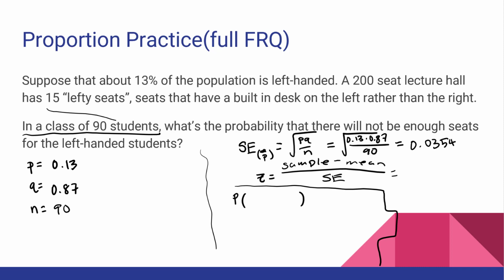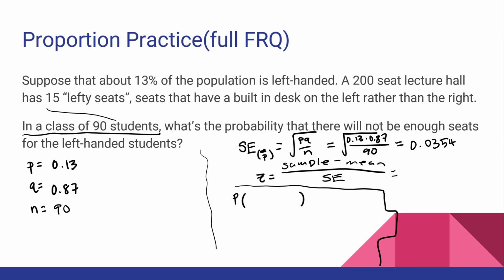This is the number that we're going to be comparing to the 0.13 of the population that is left-handed. So our sample should be the proportion of people in the class that are left-handed. What we're trying to find here is the tipping point when there's too many students for the lefty seats. So that means when all 15 lefty seats are taken up, that is our tipping point, because that is the point where we have run out of lefty seats.